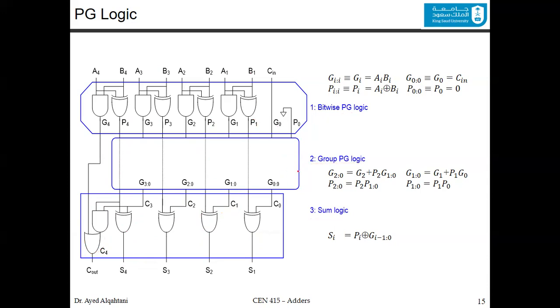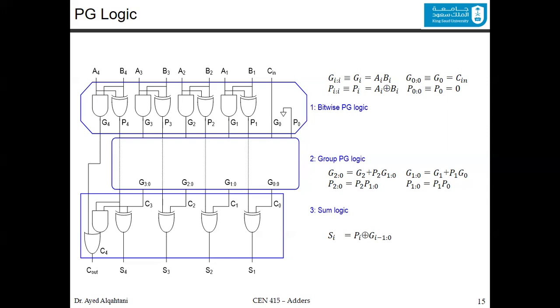So now for the next one, we will explain, as I said, this one. Stages number 1 and 3 are actually the same stages for all types of adders.